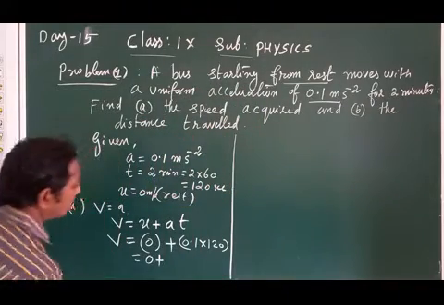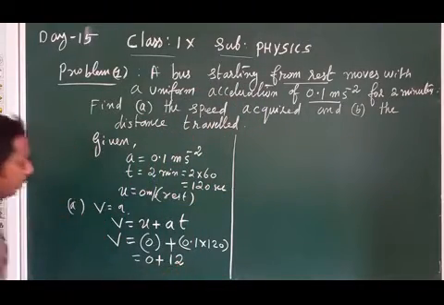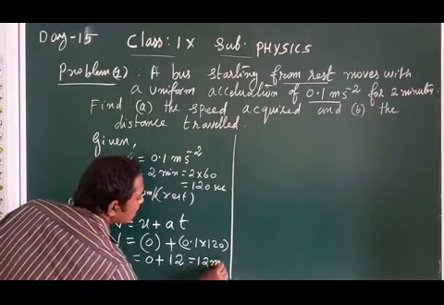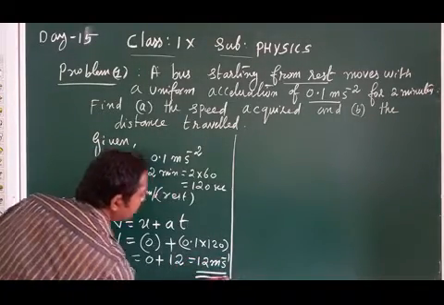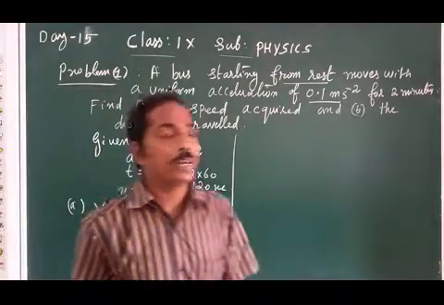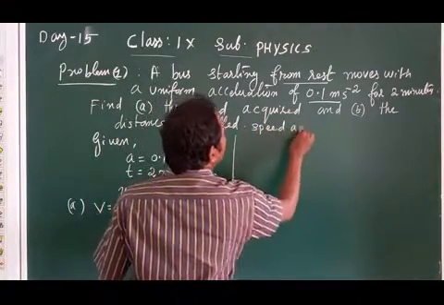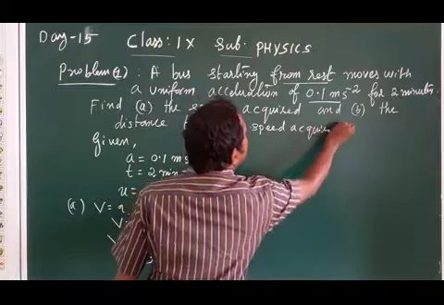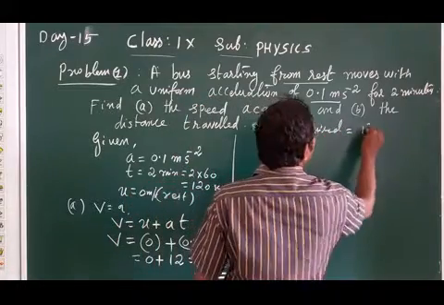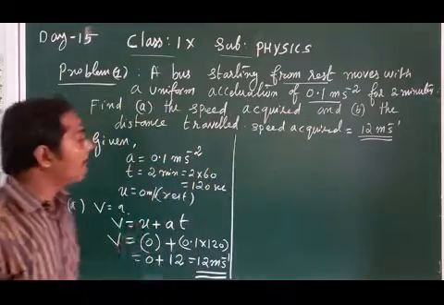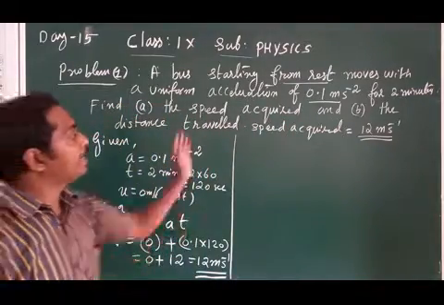You will get 12 meter second raised to minus 1. So speed acquired equal to 12 meter second raised to minus 1. We have done the first part answer.